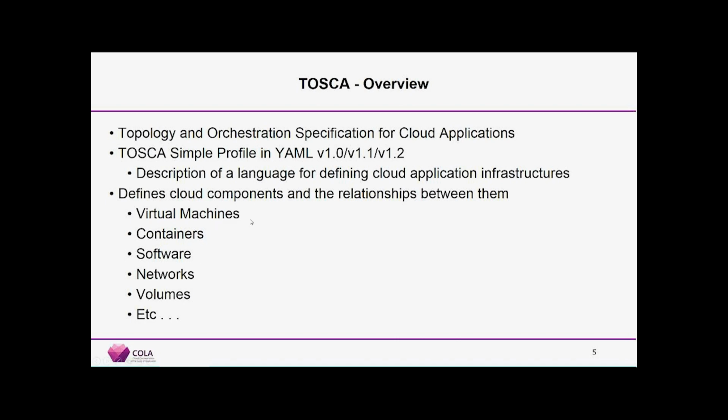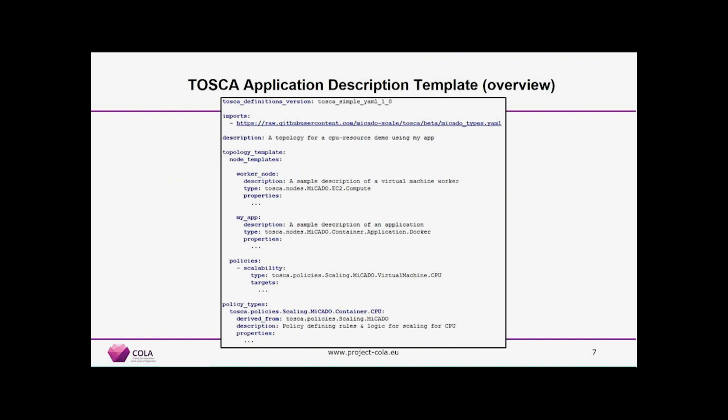So virtual machines, containers, pieces of software, networks, and volumes are all considered nodes by TOSCA. So in this node template section, we're going to be describing, quite simply, the virtual machines and the applications, or software or containers, or potentially a mix of all three, that make up the greater application that we're looking to deploy. You can see that the first node we're describing here is a worker node.